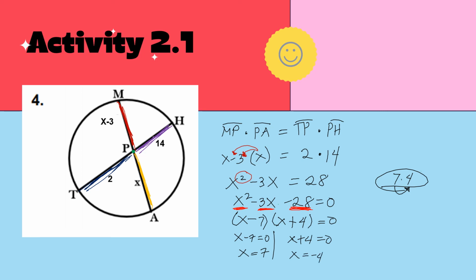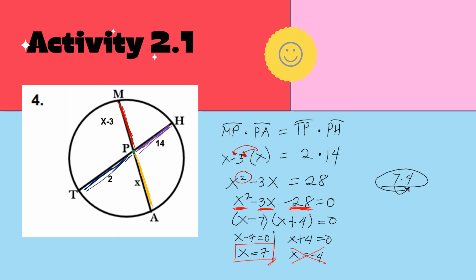Pero, since yung isang sagot, x is equal to negative 4, hindi natin siya ma-accept as a solution or answer to this question. Kasi, wala namang measurement na negative, di ba? Pag measurement ang pinag-uusapan, bawal ang negative. Therefore, ang final answer natin ay x is equal to 7.